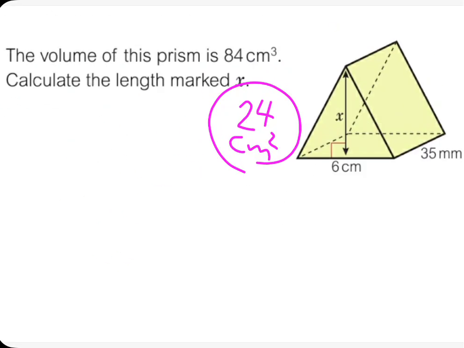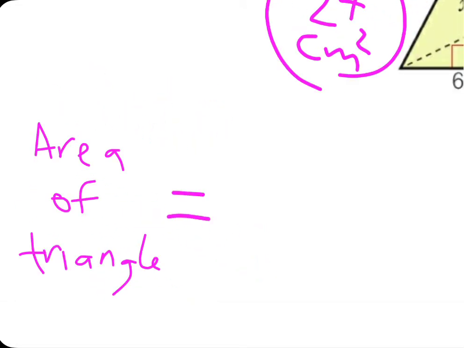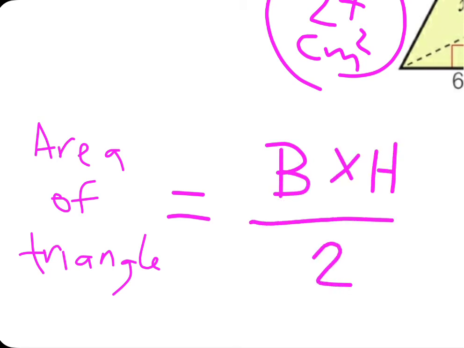Now, let's come here and use the formula. Area of triangle equals what? Equals, very good, base times height divided by 2.